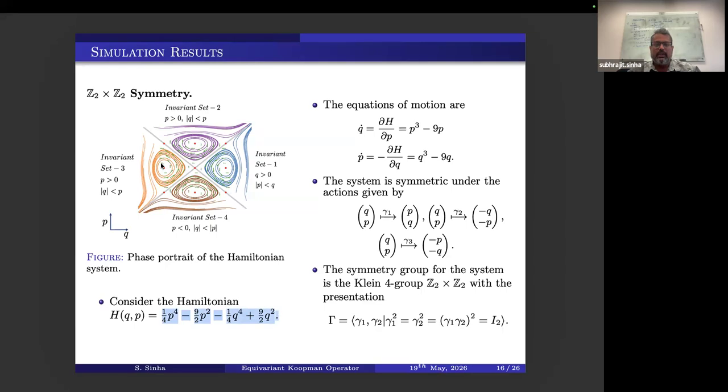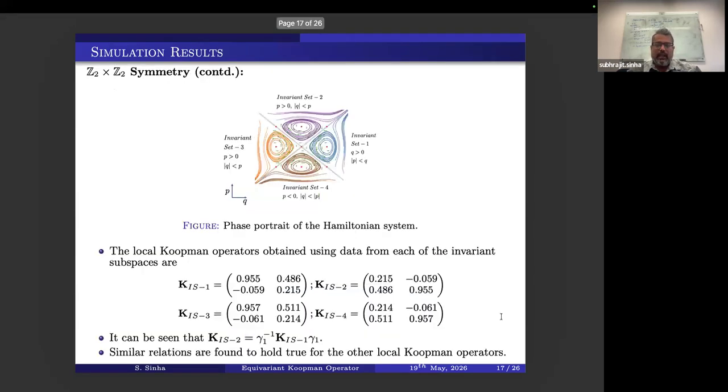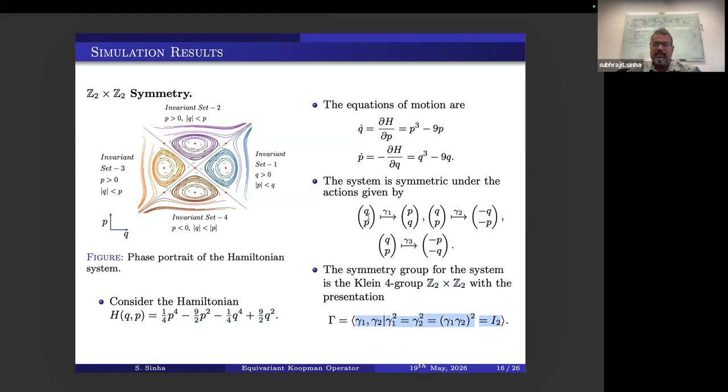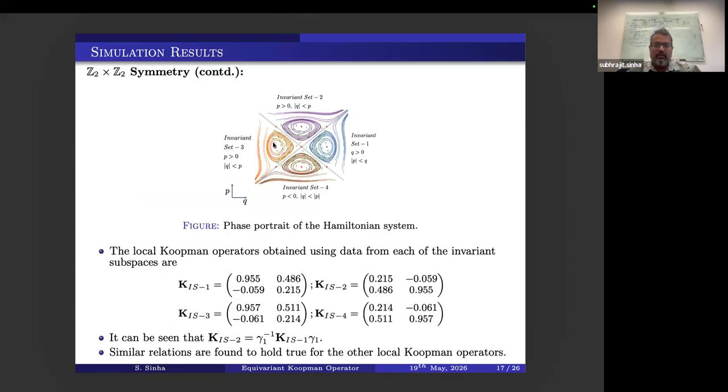It has four invariant sets, and one can compute that the symmetry group for this system is the Klein 4 group, Z2 cross Z2, which can be presented in this way. The equations remain symmetric under these operations: (q,p) goes to (p,q), (q,p) goes to (-q,-p), and (q,p) goes to (-p,-q). These are all the symmetry operations that the system respects. If you find all these local Koopman operators, you can verify that all these similarity transformation relations are respected when we compute them from data.